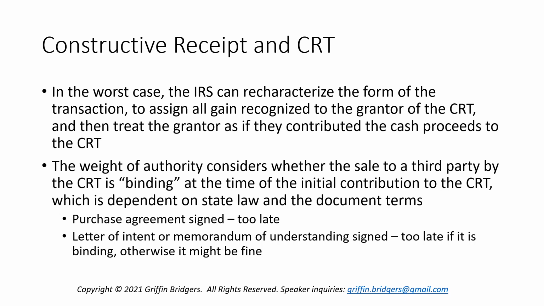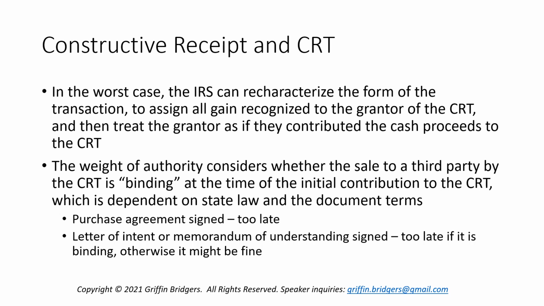Well, what the weight of authority looks at is whether the sale by the charitable remainder trust to a third party was binding at the time of the grantor's initial contribution to the charitable remainder trust. If it was binding at the time of the initial contribution, it's too late. And this is largely going to be dependent on state law and the terms of sale documents that have been in place and that may or may not be binding.